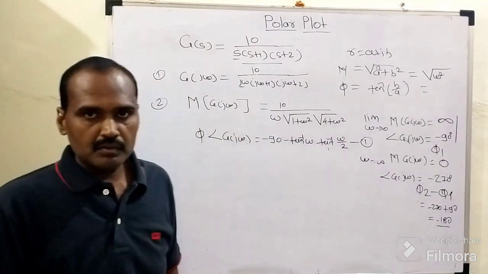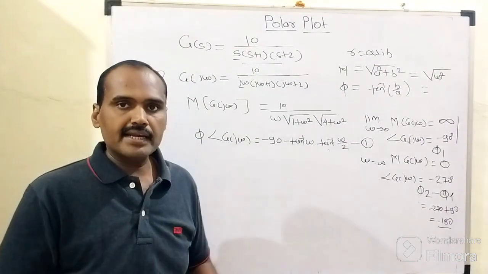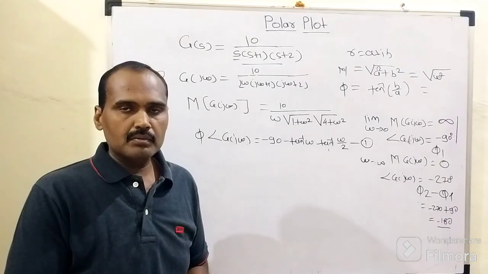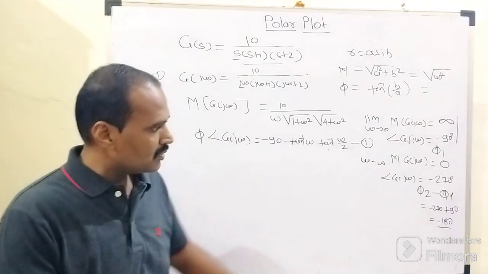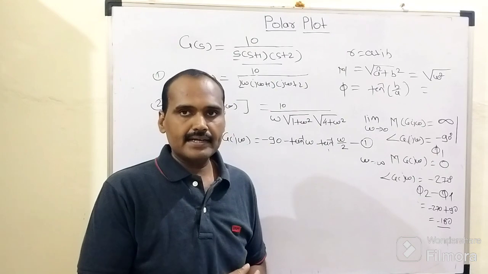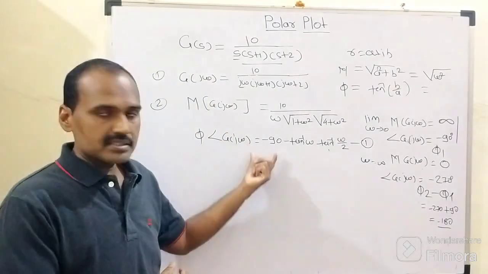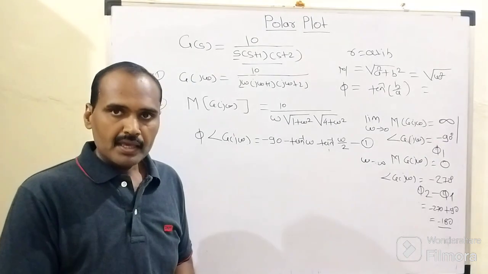Okay friends, once the polar plot is sketched, the total phase rotation taken by that polar plot is exactly equal to minus 180 degrees. That same value is to be substituted into equation number 1.